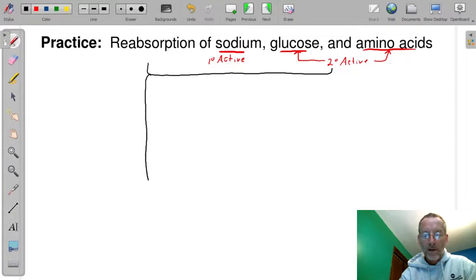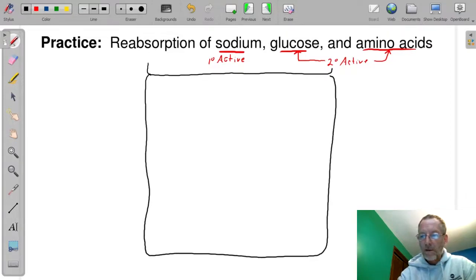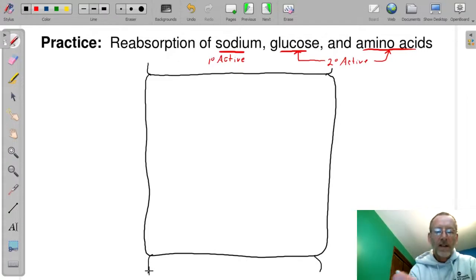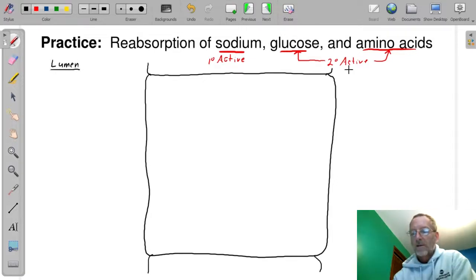Let's have some room to draw. There's one cell in the middle, and this will be our luminal side, and this will be our extracellular fluid, or interstitial fluid.